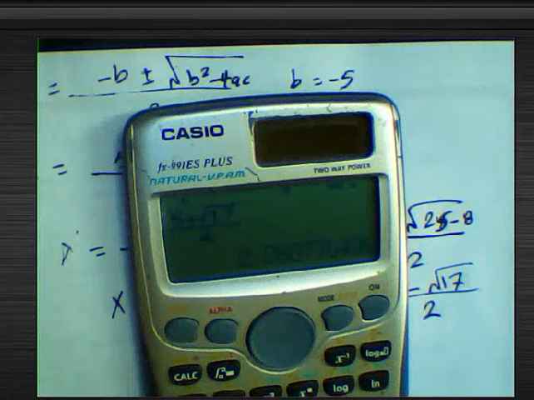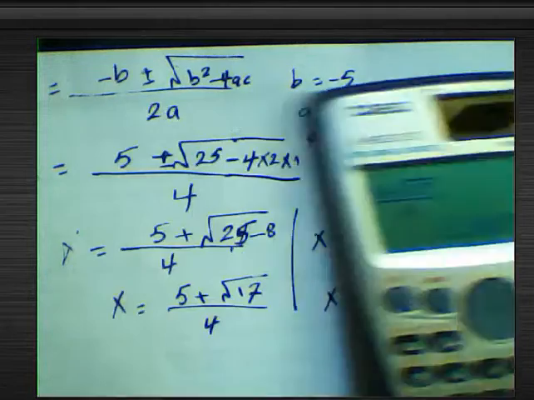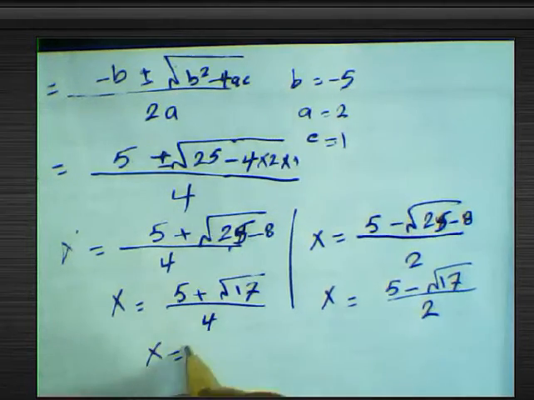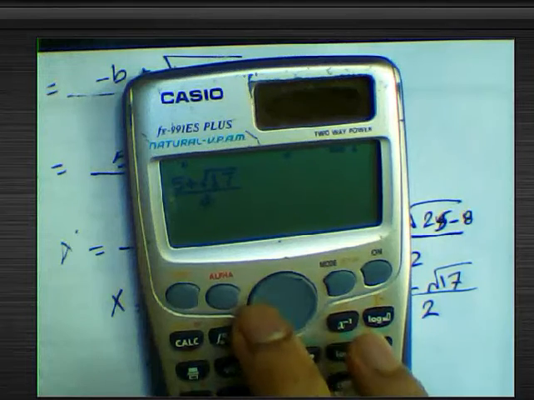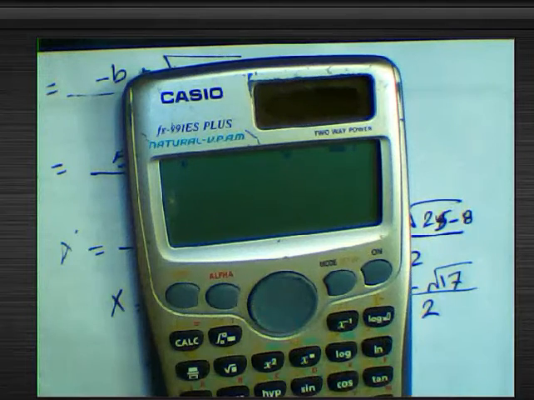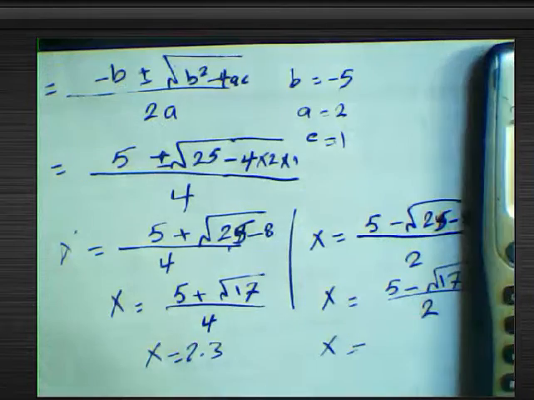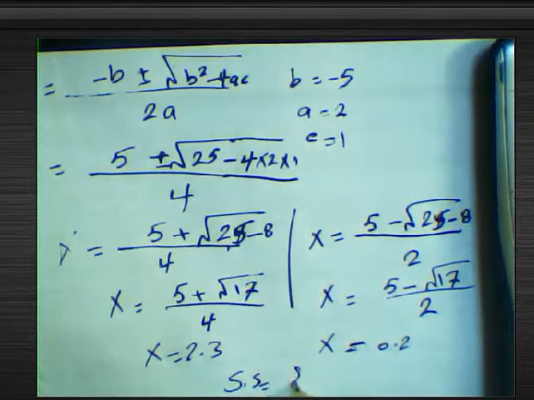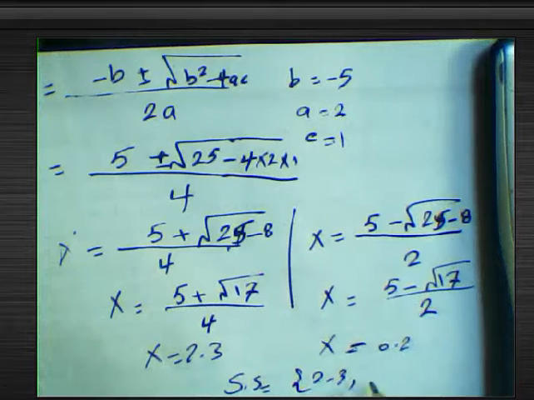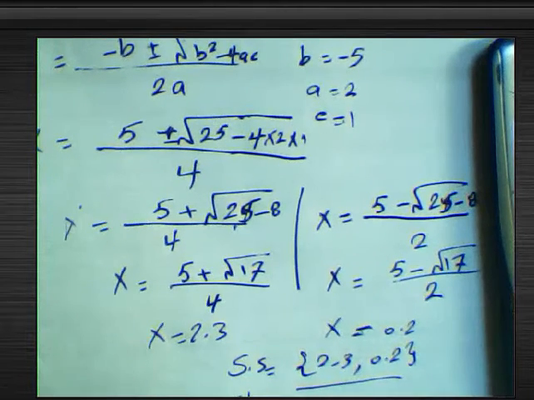The result, approximated to one decimal place, will be 2.3. x equals 2.3 and x equals, we can convert the sign here, 0.2. So the solution set will be 2.3 and 0.2. It's the result of this equation.